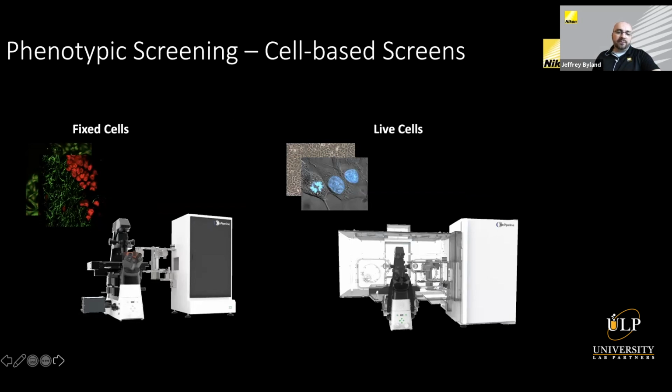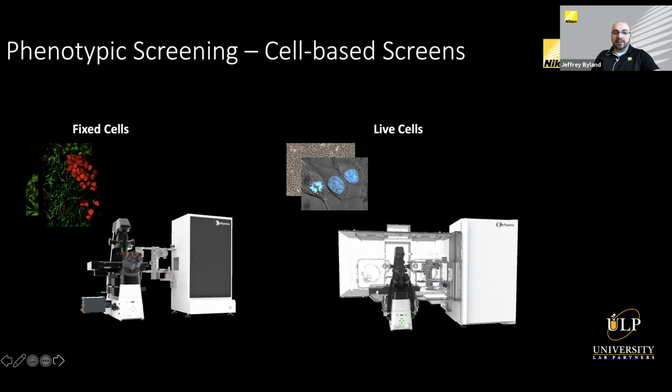And we can look at fixed cells that have been stained with fluorescent markers, and we can then use image analysis software to look at the size, the number, the shape, the connections between the cells. There's a whole host of these parameters that we can look at.